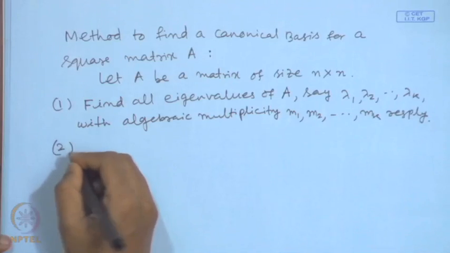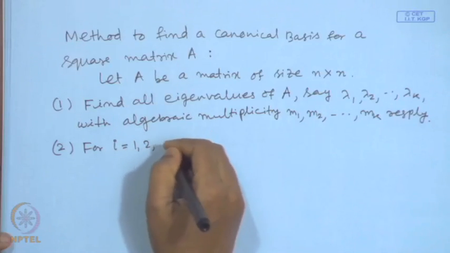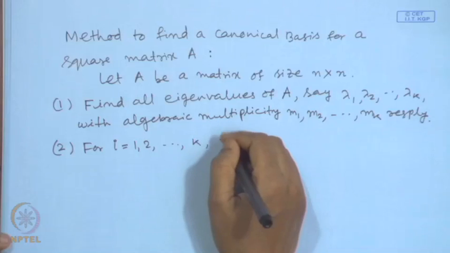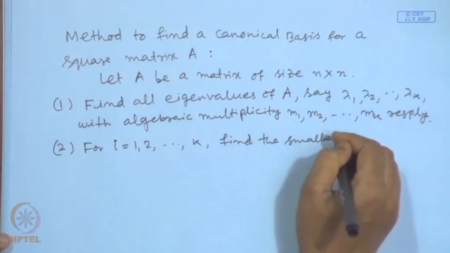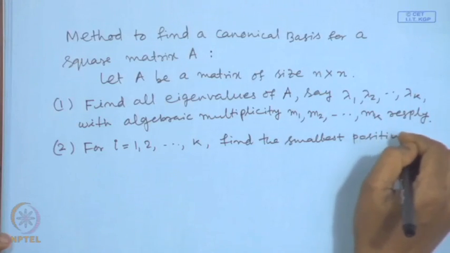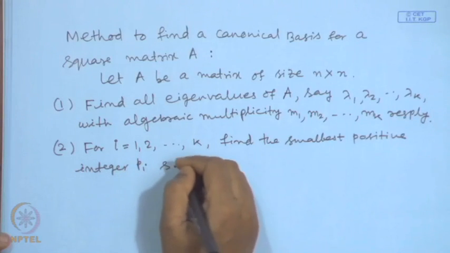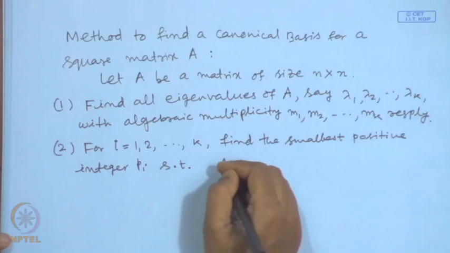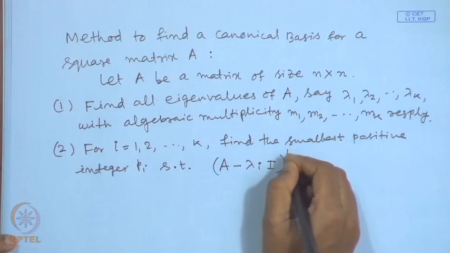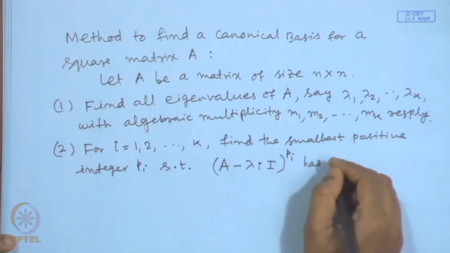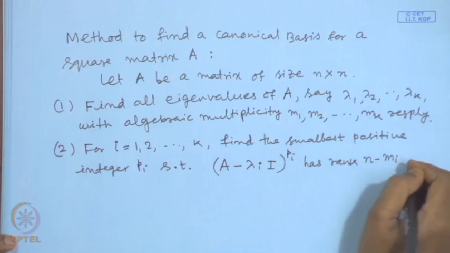Then next, for every i from 1 up to k, we find the smallest positive integer p i such that (A minus lambda i I) whole to the power p i has rank n minus m i.